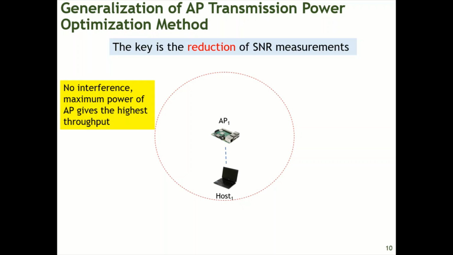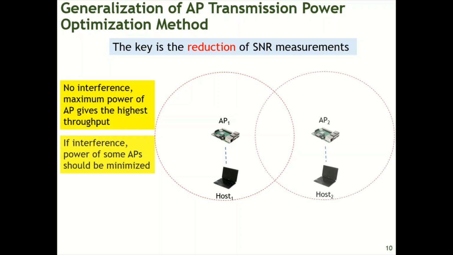Basically, if there is no interference, maximum power of an AP gives the highest throughput. However, if there is interference, power of some APs should be minimized.